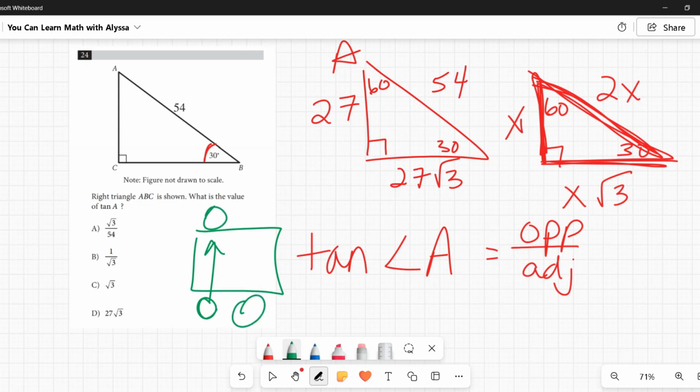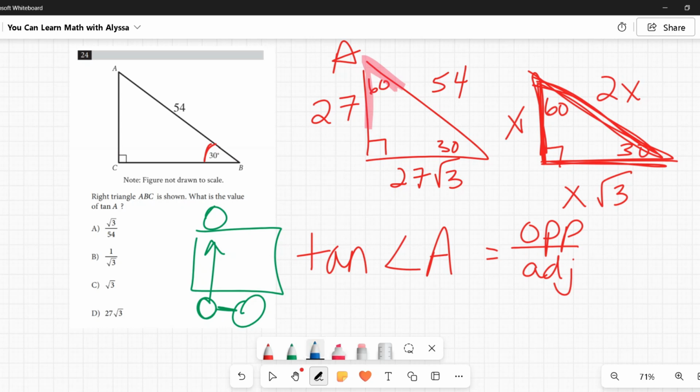Someone who's adjacent to me, I can bump them with my elbow. So here, the side that is opposite angle A is the side it's looking at, and the side that is adjacent to angle A is the one that it's bumping. And if you're wondering what the third one is called, that is the hypotenuse. It's always the longest one. The opposite and adjacent are the two legs of the triangle.